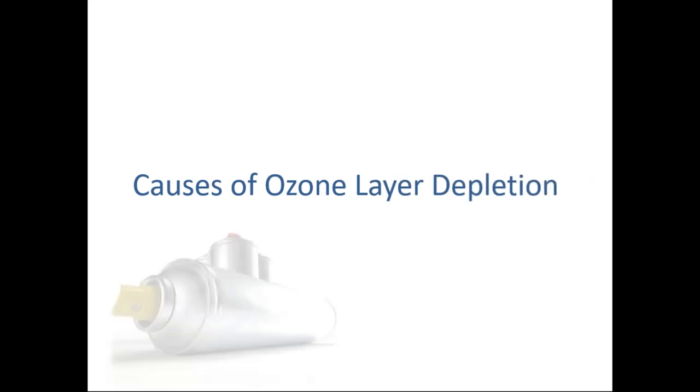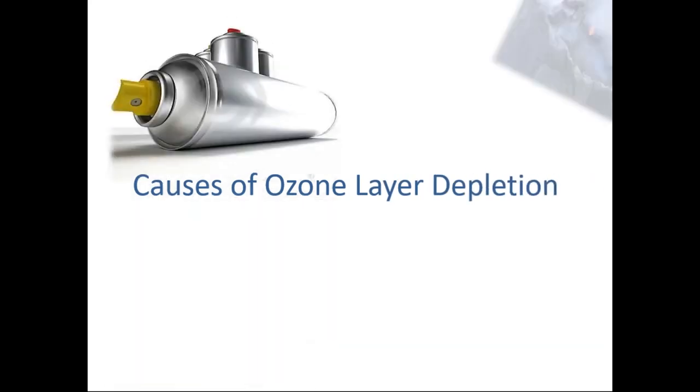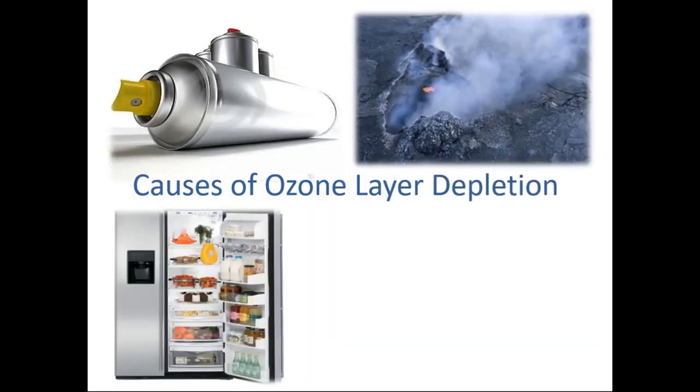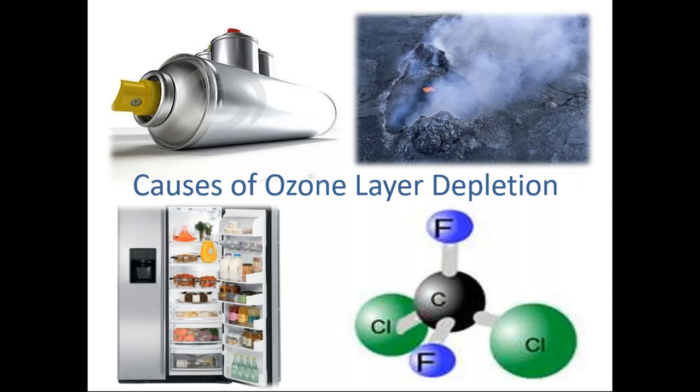So what are the causes now of ozone layer depletion? I've already talked about some of them, but basically we have the main cause of ozone layer depletion, or ozone hole, from chemicals manufactured by industries.